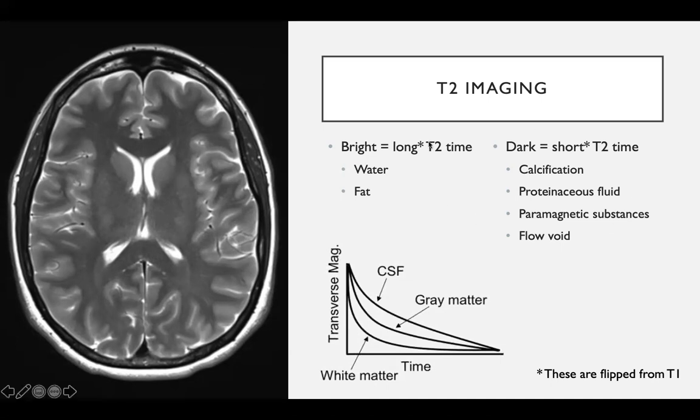Now note the change here. So previously bright was short T1 time, but now bright is long T2 time. And so the graph here on the bottom just shows the transverse magnet vector over time, and then we see that white matter has a shorter T2 time than gray matter that has a shorter T2 time than CSF.